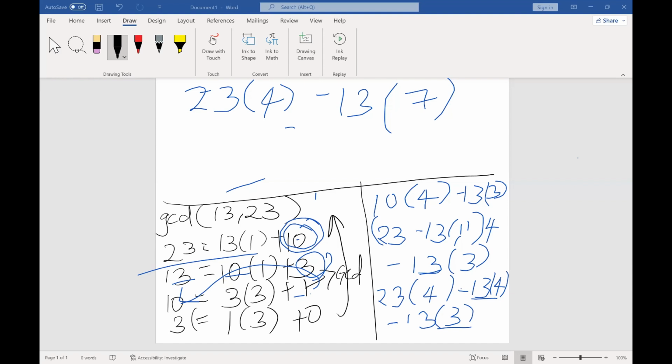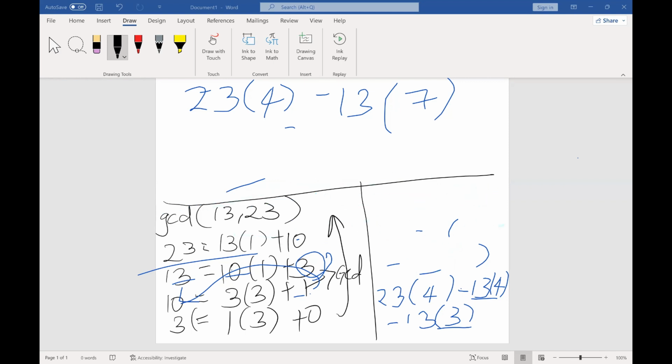That's true. Yes. So remember our equation, which was 13x equals that one, 2.